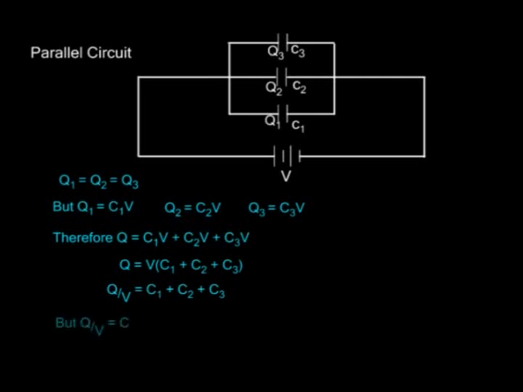But then Q over V is equal to C. And so substituting that, C is equal to C1 plus C2 plus C3, where C is the combined capacitance, and that is the effective capacitance for capacitors combined in parallel.